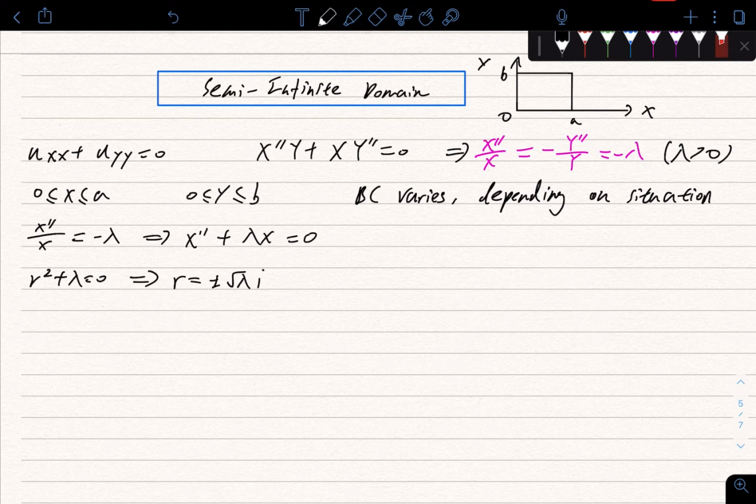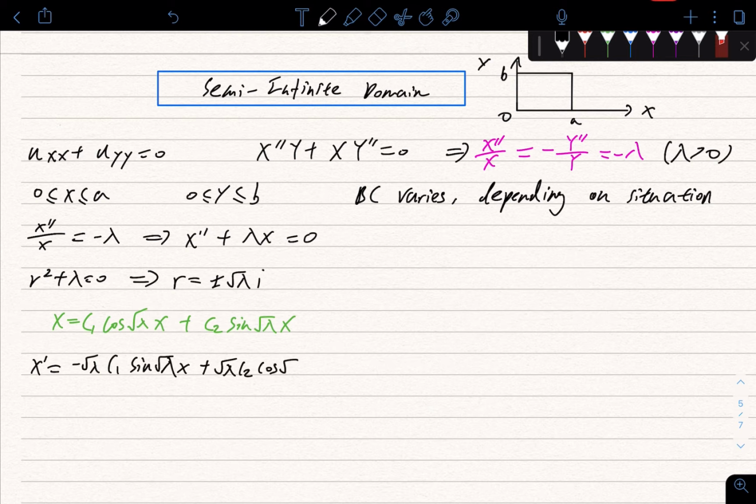This is like we have done a million times, so I'm not going to discuss too much about it. X equals C1 cosine of square root of lambda x plus C2 sine of square root of lambda x. Differentiating, X prime equals negative square root of lambda C1 sine of square root of lambda x plus square root of lambda C2 cosine of square root of lambda x.